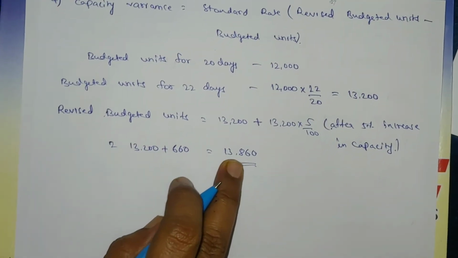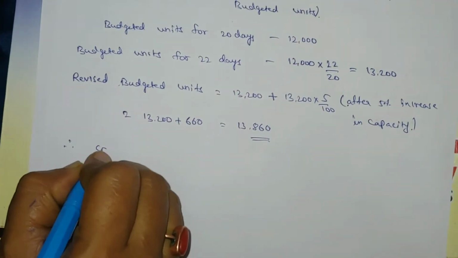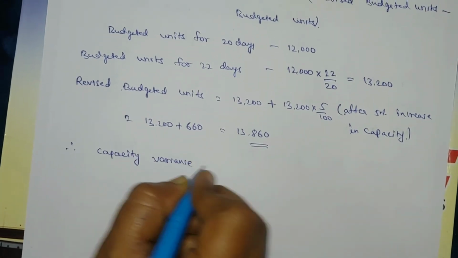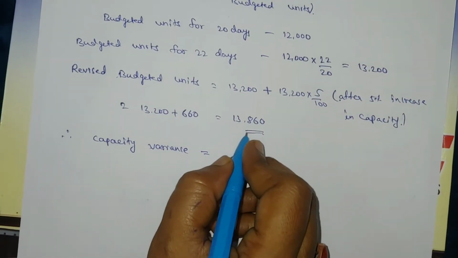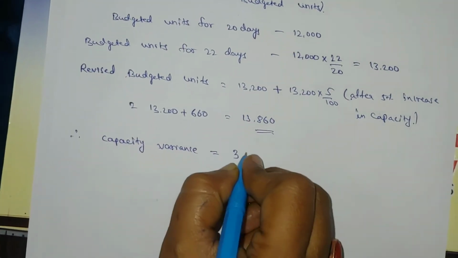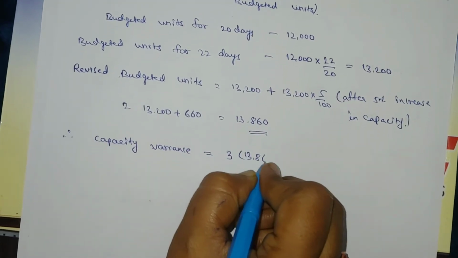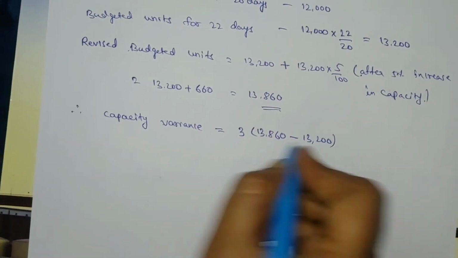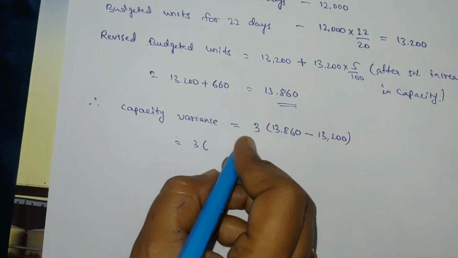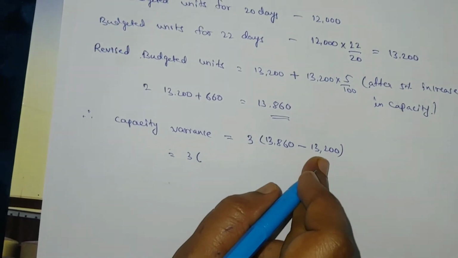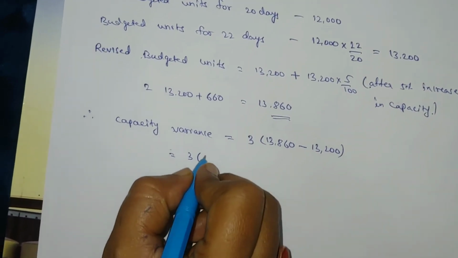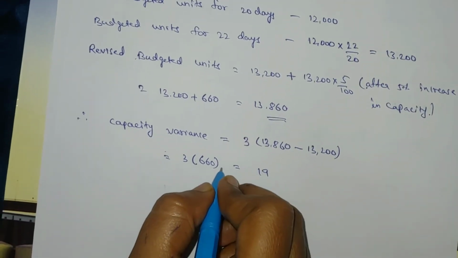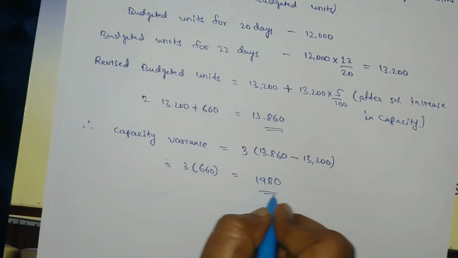These are the revised budgeted units. Therefore, capacity variance is equal to standard rate. Standard rate is equal to 3 into 13,860 minus budgeted units 13,200, equal to 3 into 660 is equal to 1980. It is favorable.